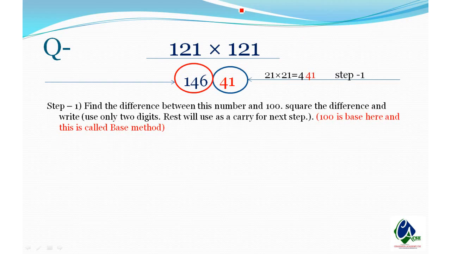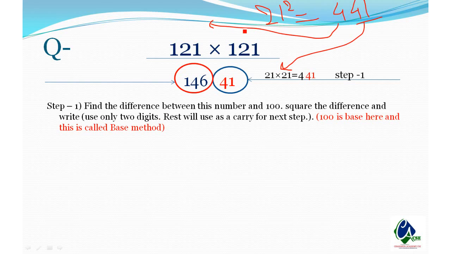Find the difference between this number and the base, which is 100 here. The difference is 21. The square of 21 is 441, but we need only a 2 digit number. We take only 41. 4 will be used as a carry for the next step.